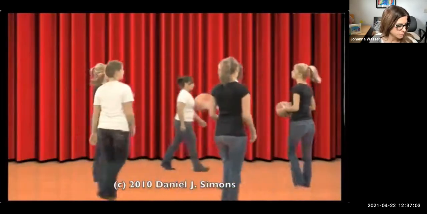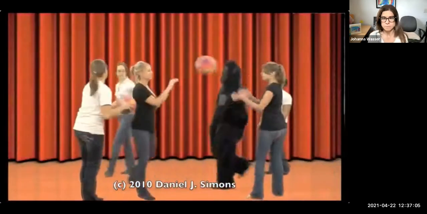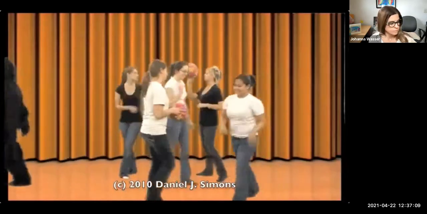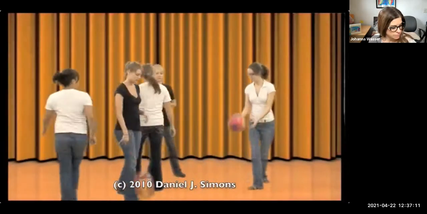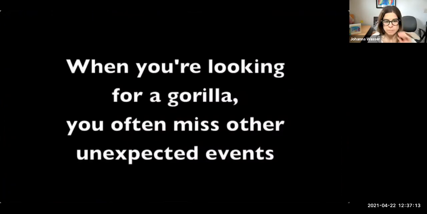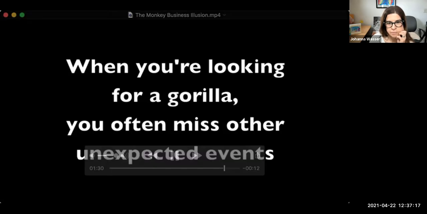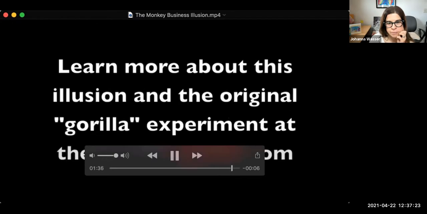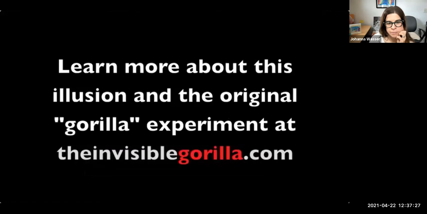Here comes the gorilla, and there goes a player, and the curtain is changing from red to gold. When you're looking for a gorilla, you often miss other unexpected events. And that's the monkey business illusion. Learn more about this illusion and the original gorilla experiment at theinvisiblegorilla.com.